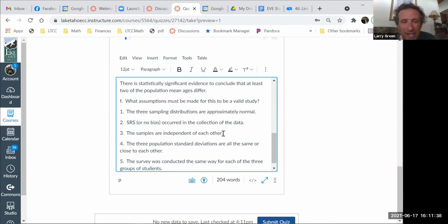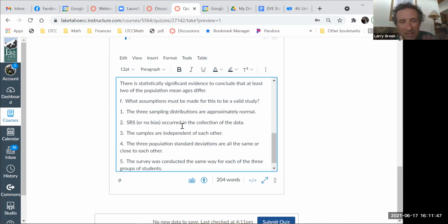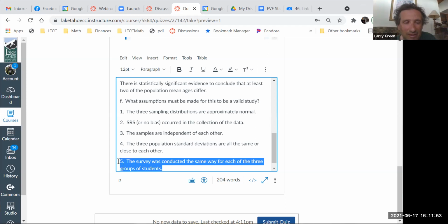The independent of each other, that's usually an easy one as long as you're not asking one person several questions kind of thing. So that's not what this was. Again, standard deviation, we don't know how to do. And conducted in the same way for each of the 3 groups of students. And that has to do with just making sure that you're consistent when you're doing your study. Any questions at all on the last quiz of the whole class?